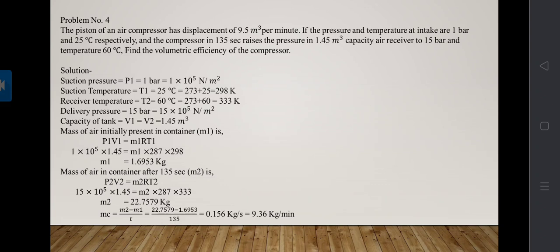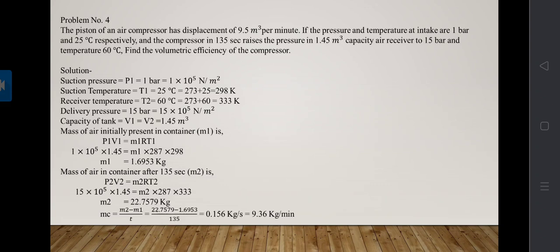We put the value of P1, that is 1 into 10 raised to 5, into V1, that is 1.45, and the value of M1 we have to calculate, and the value of R is 287 and T1 is 298. So we calculated the value of M1 is equal to 1.6953 kg.